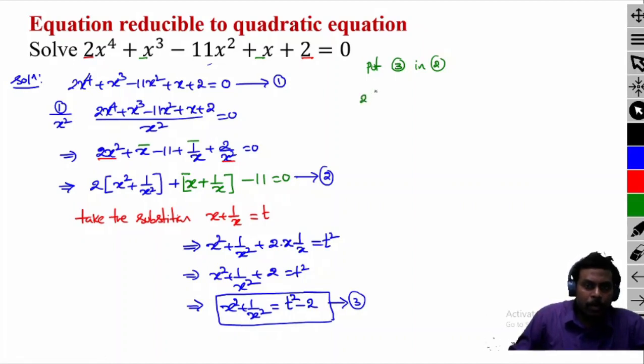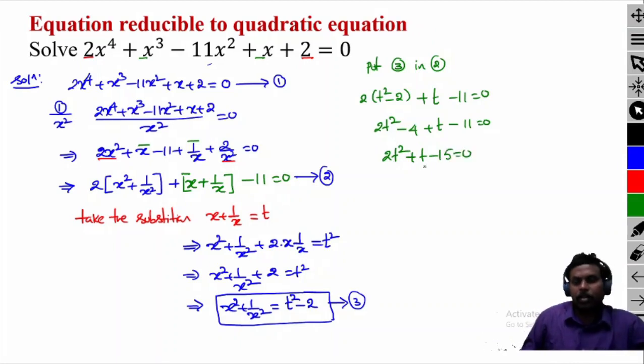Then we get 2 into x square plus 1 by x square, which is t square minus 2, plus x plus 1 by x, whose value is t, minus 11 is equal to 0. Then this becomes 2t square minus 4 plus t minus 11 is equal to 0. So that is going to be 2t square plus t minus 15 is equal to 0.